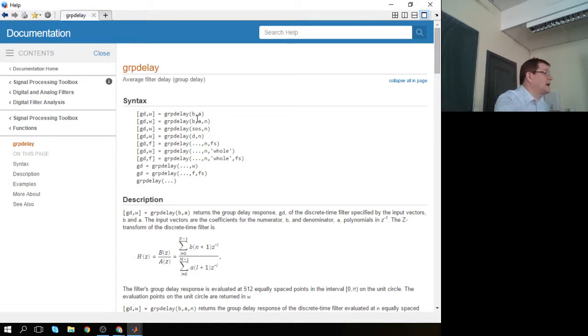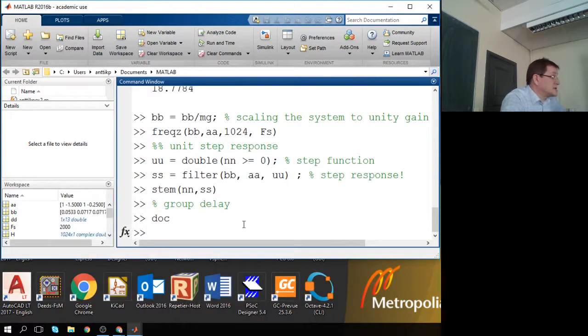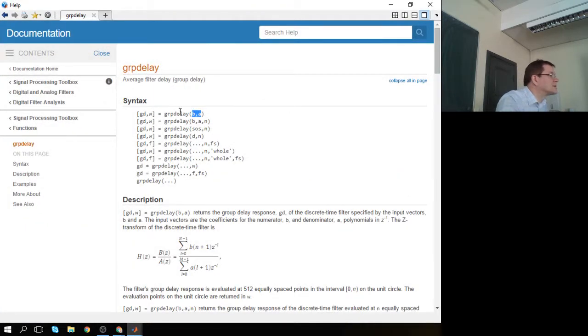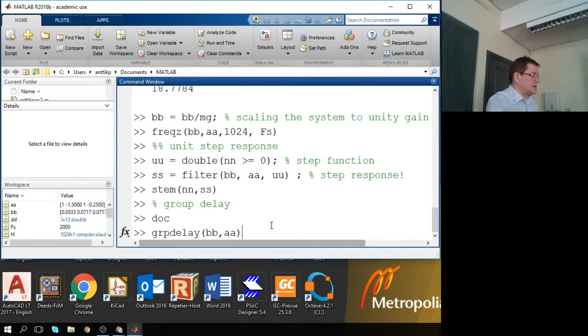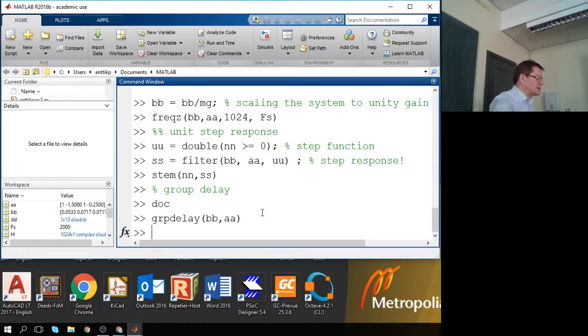So again, we have these parameters B and A for the system, and this probably also gives us that group delay. I hope it actually gives me the plot.